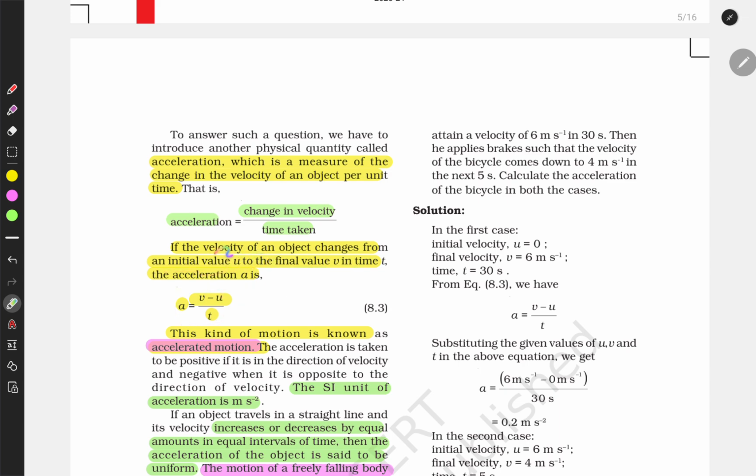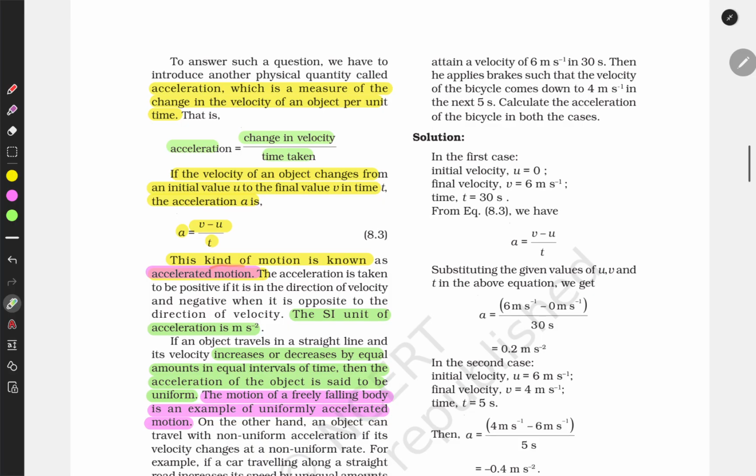This is the case of constant acceleration. If the velocity is changing constantly, then the acceleration can be calculated by the final value v minus the initial value u, divided by the time.